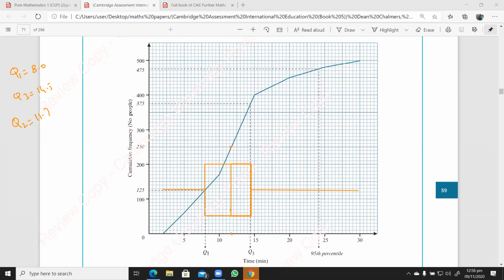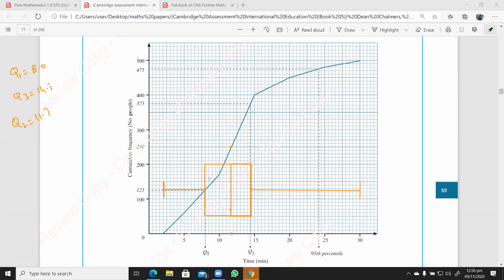And then I draw these. So this is my box and whisker plot.